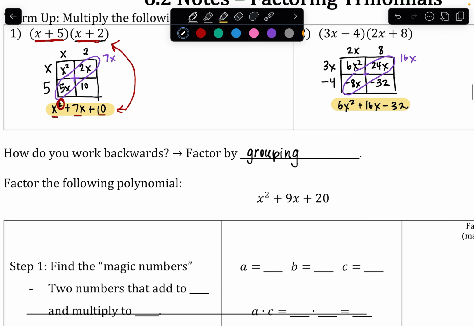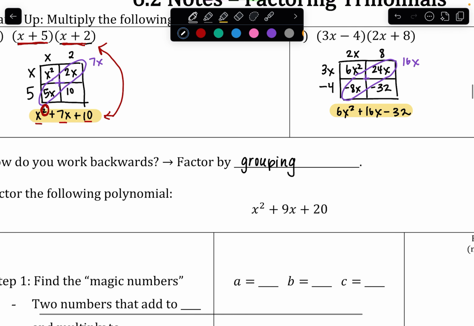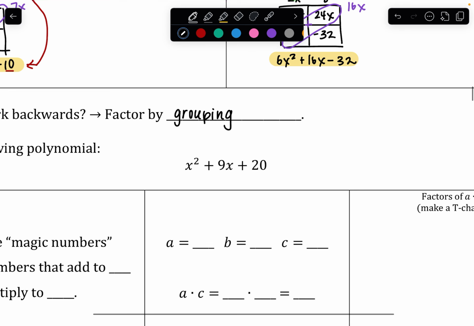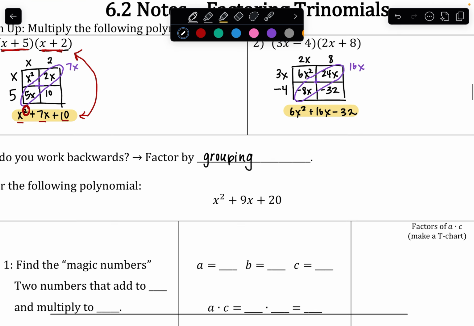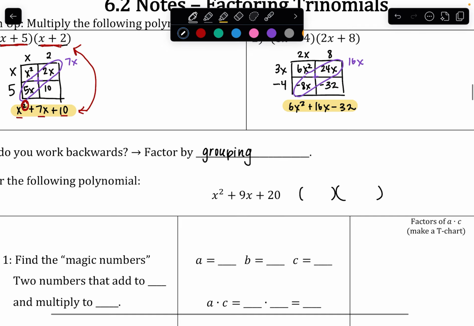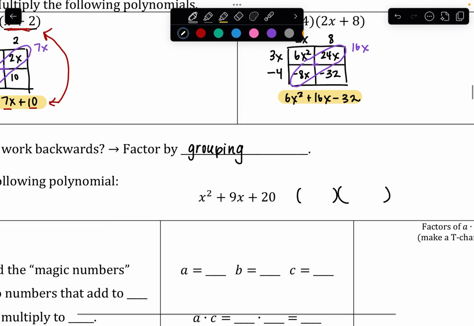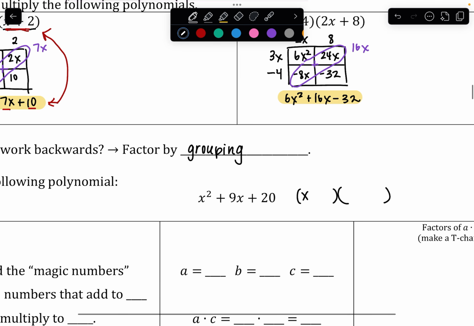Okay, and so just to start, if we were to try to factor x squared plus 9x plus 20, you could kind of guess and check which two factors would give you that result. We know that we would have an x times an x for our first term in order to get x squared.